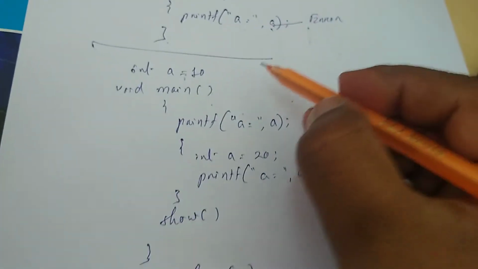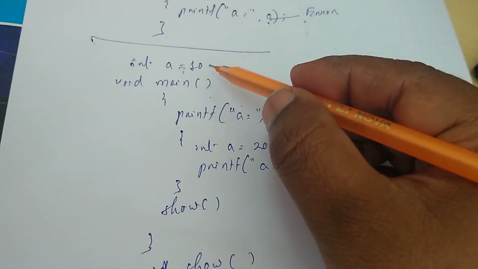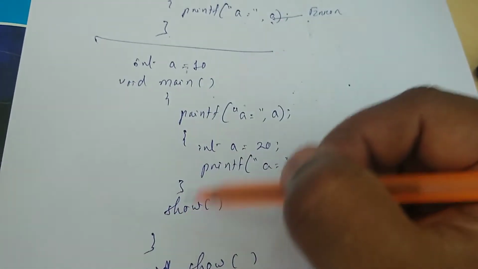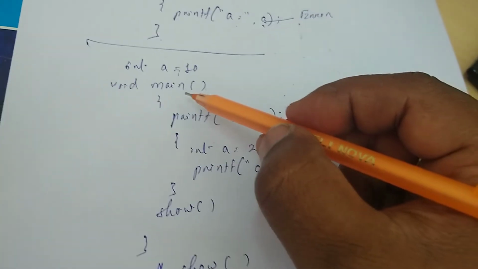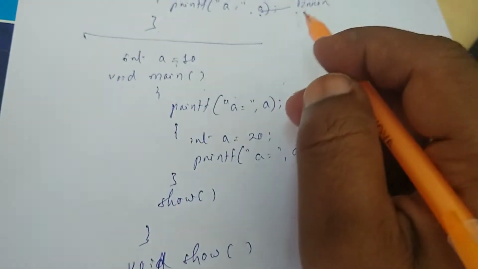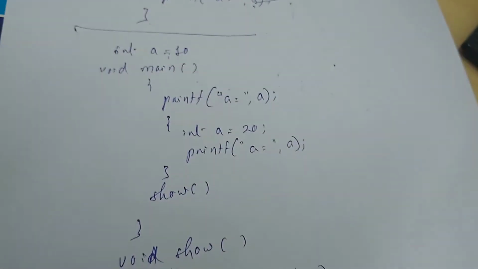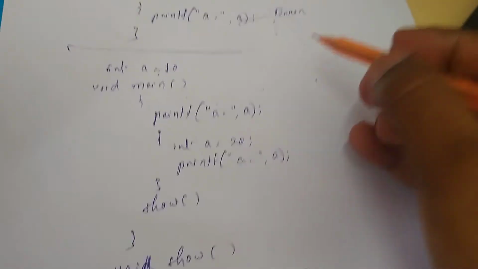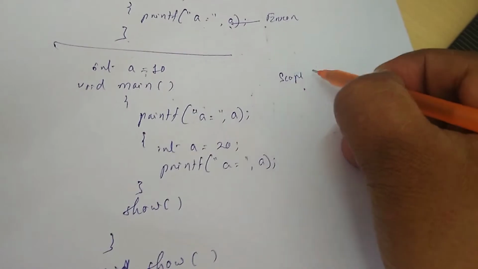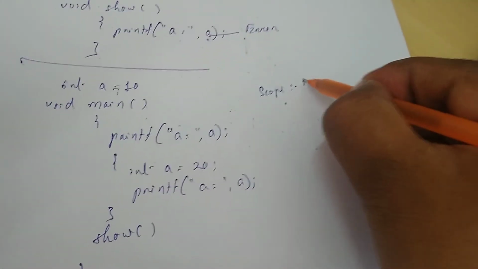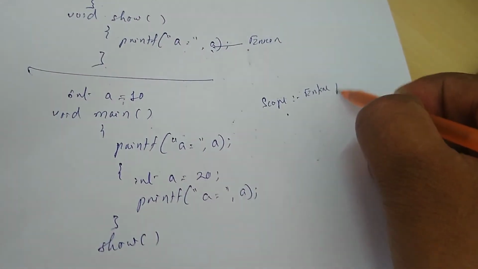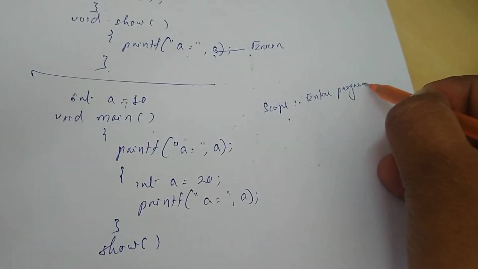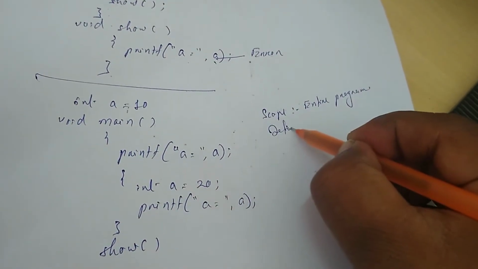So what is the scope of the global variable? Scope of the global variable is the entire program. That means whatever methods or constructors or blocks are present inside the program, they can access the global variable. And what is the default value?